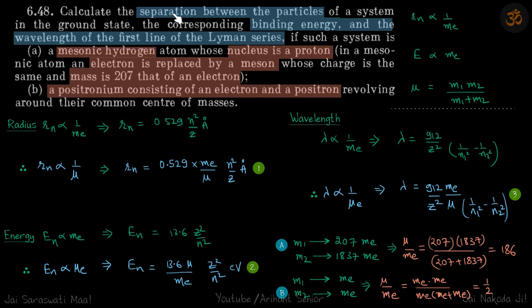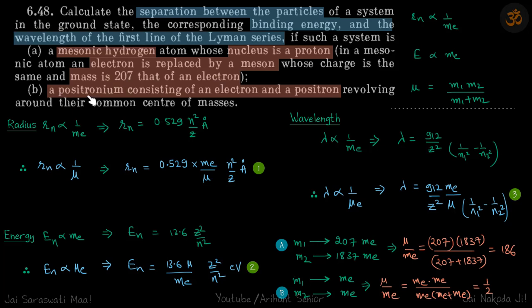Now in this problem, we need to find the separation between the particles, that is the modified Rn, the corresponding binding energy and wavelength of the first line of Lyman series. The first system is a mesonic hydrogen atom, whose nucleus is a proton and the electron is replaced by a meson whose mass is 207 times more and charge is the same as the electron.